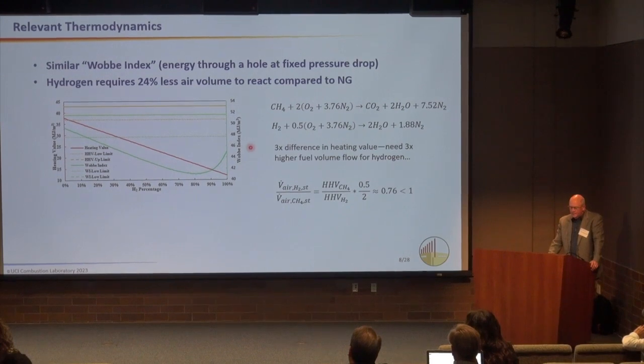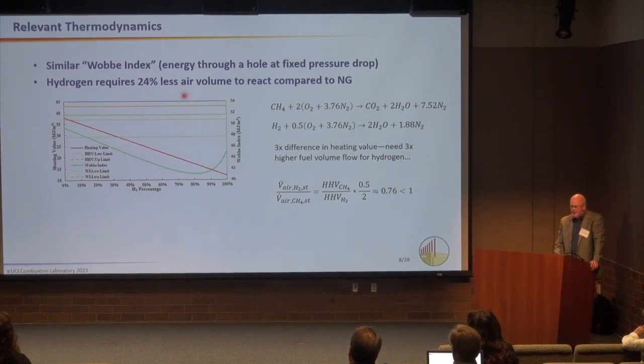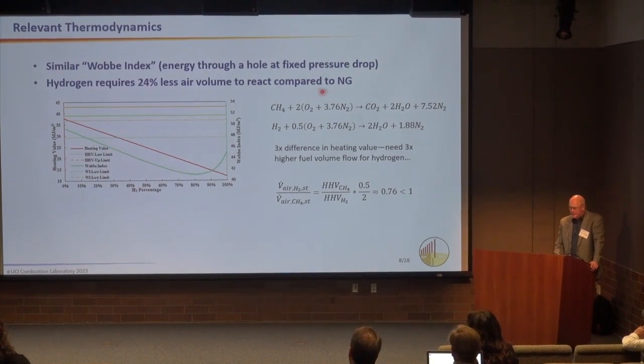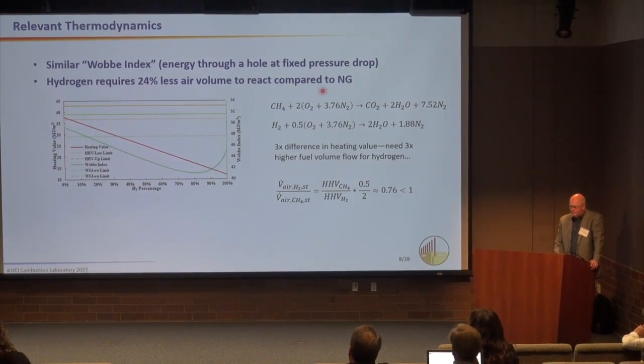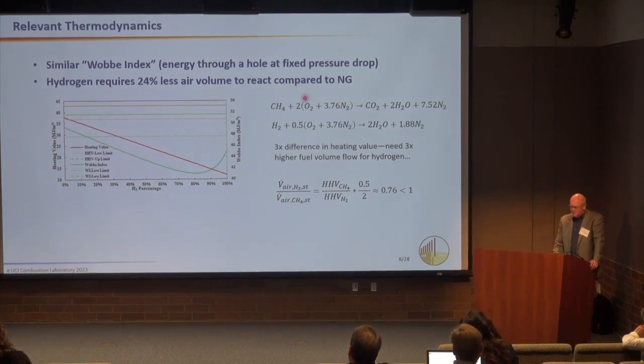The other thing from a combustion viewpoint is that hydrogen requires 24% less air to react compared to natural gas. Turns out that can be a very good thing when it comes to things like air pollutants, and we'll talk more about that.